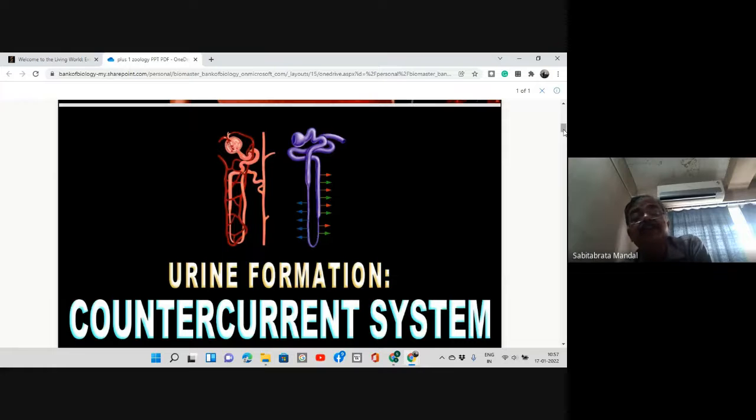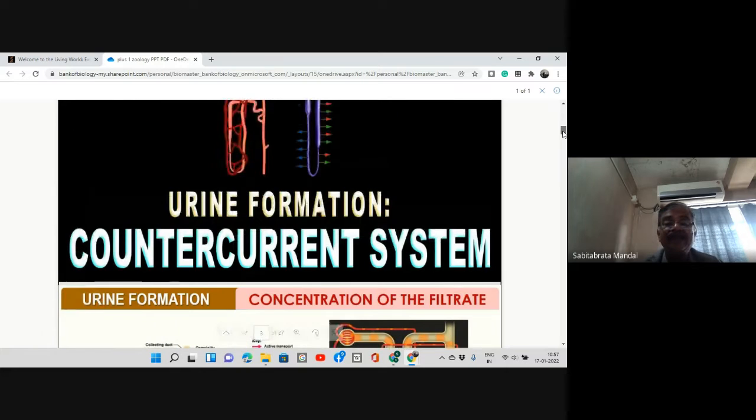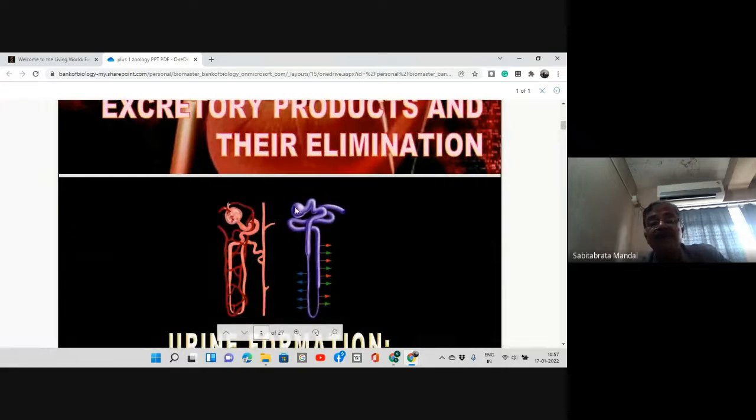Again I am going to the structure of the nephron. If we divide the structure of the nephron, it will be divided into two parts. One part is the head part, known as the Malpighian corpuscle, and the other part is known as the renal tubule. This Malpighian corpuscle has two parts, as I have already explained and shown you in the diagram in the last class: the glomerulus, a tuft of capillaries, and the cup-shaped structure, the Bowman's capsule.